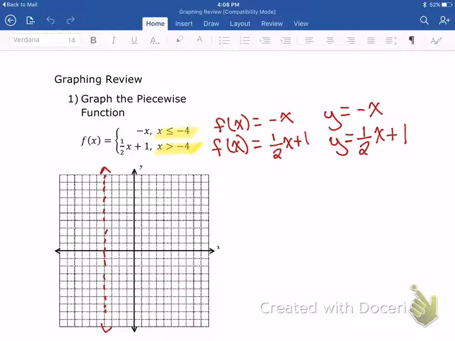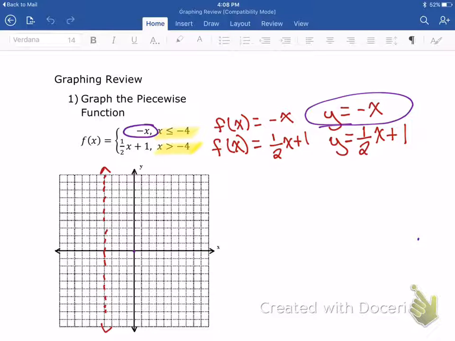So let's look at this. We're going to do our first one. We're going to do the -x first. A lot of times when I graph these, I just focus on the line y equals -x. So I'm going to graph that entire graph, y equals -x. In y equals -x, my intercept is 0. There's my intercept right there. And my slope is -1/1.